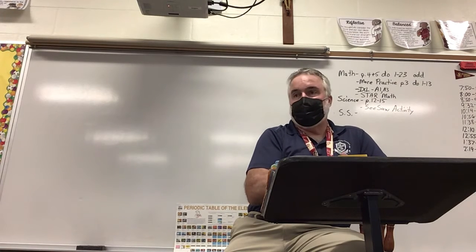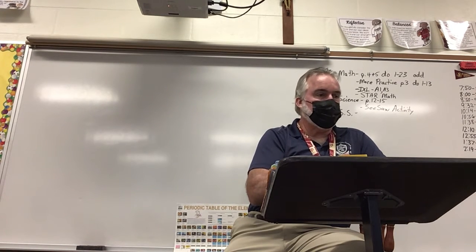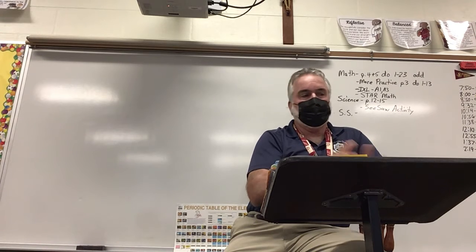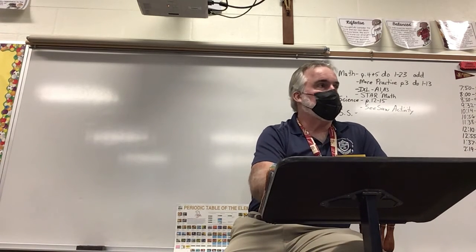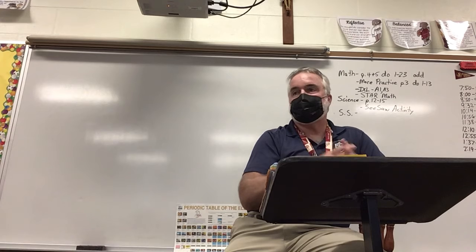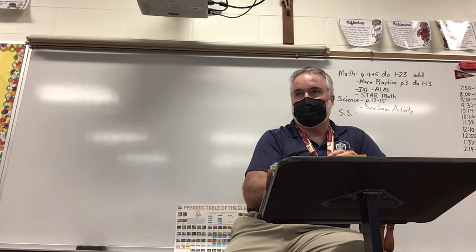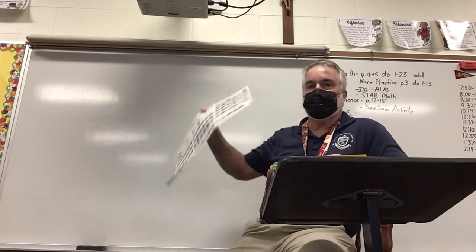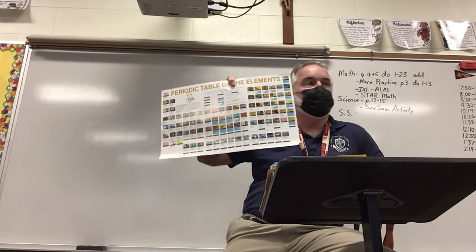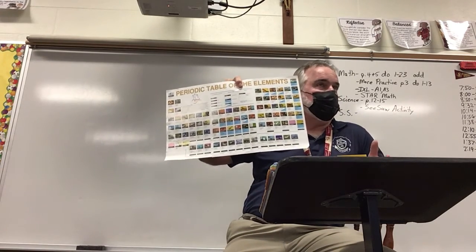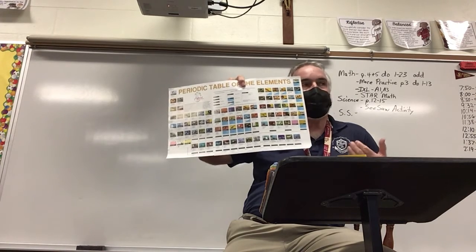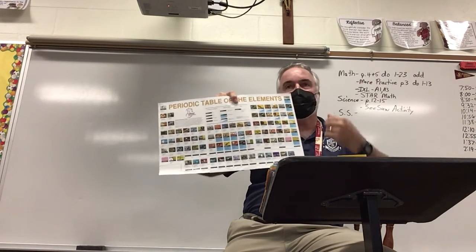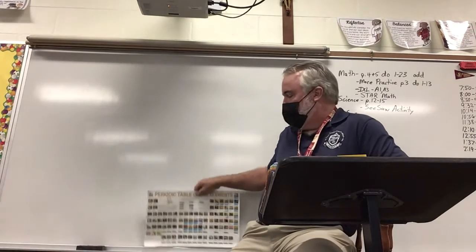It's what makes up everything. The chairs you're sitting on, the desk at your seat, your book, all of these things are made up of tinier things. And all of these tinier things go to the periodic table, and there's a little over 100 that make up everything in the world.